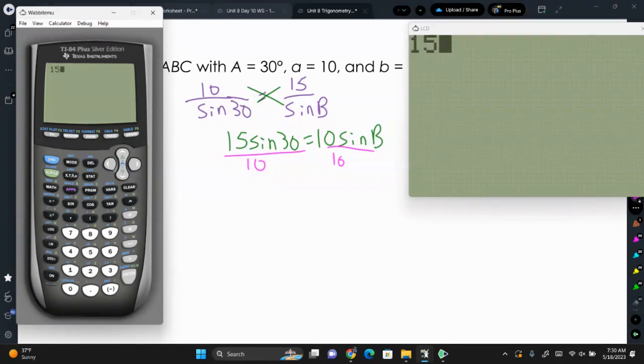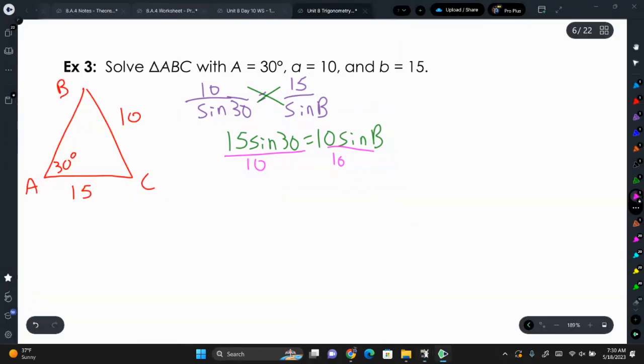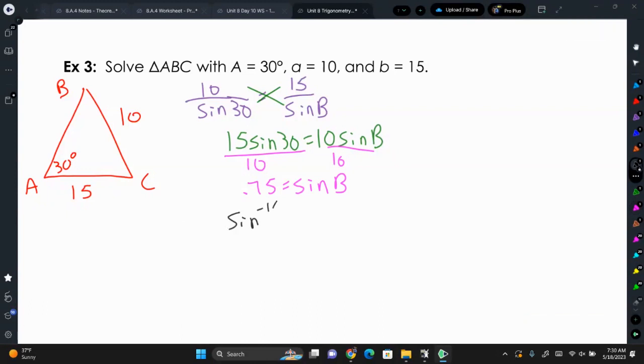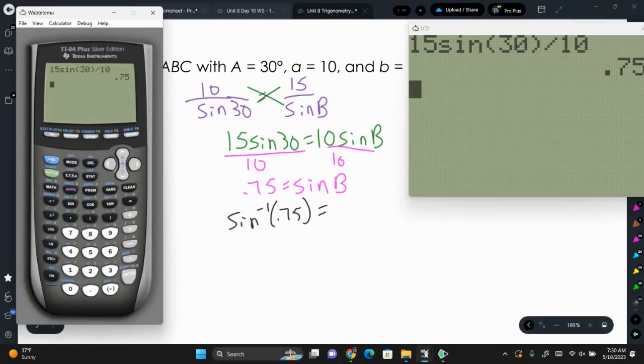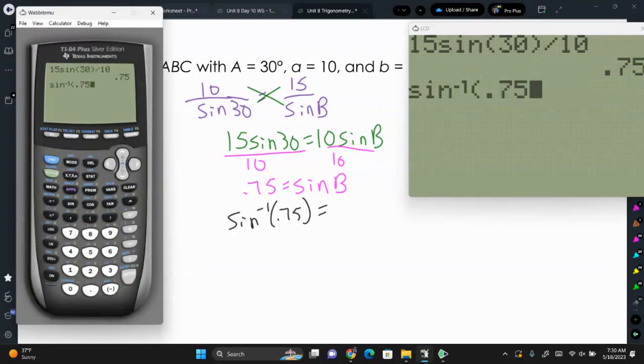15 times the sine of 30 divided by 10, we get 0.75. So then the inverse sine of 0.75 is 48.5.